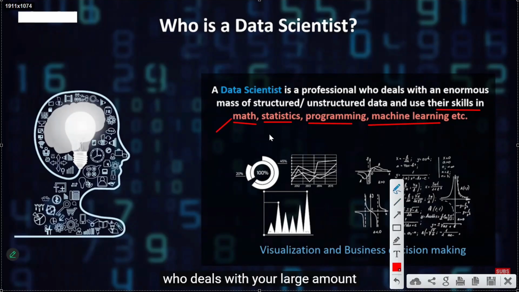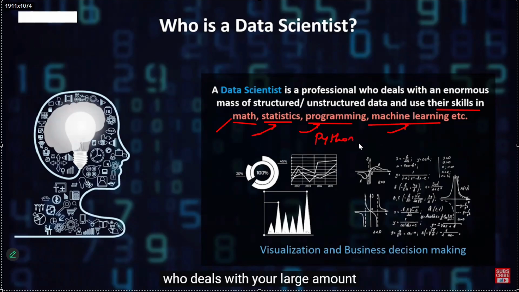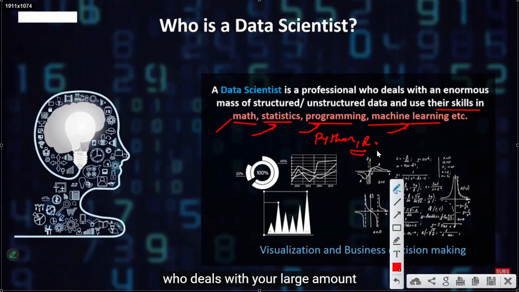They said statistically this will happen by December 2025 and this by December 2026, so they used statistics. They found out what is happening with the bank because they used machine learning techniques on the data. To implement those techniques, they should also have programming knowledge like Python and R. So this is what exactly a data scientist is.